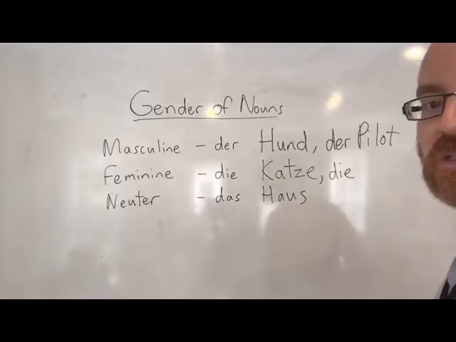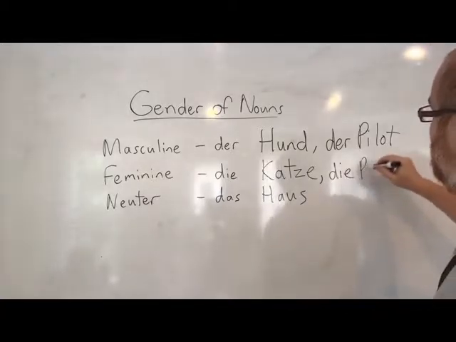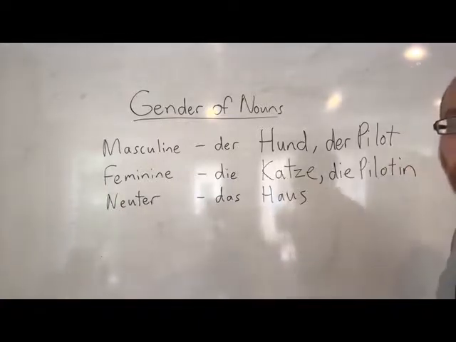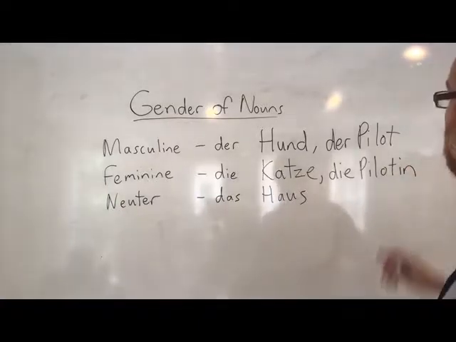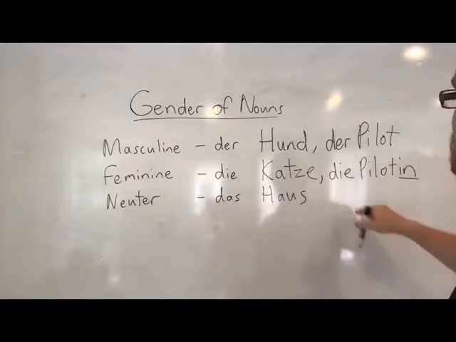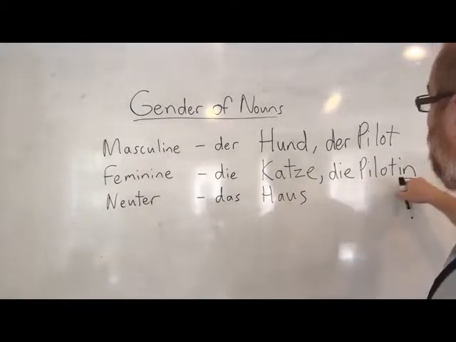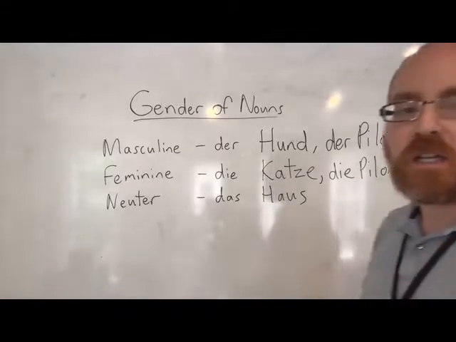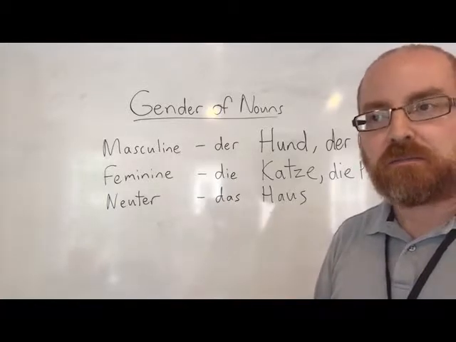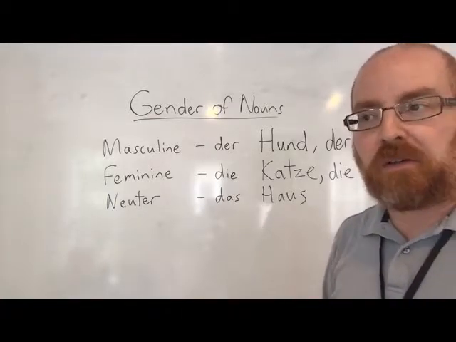Instead of der Pilot, we say die Pilotin. Okay? So there is a female form for that profession, which consists in having a different definite article and then having in at the end. There are some other changes that we'll encounter for nationalities and professions showing male versus female.